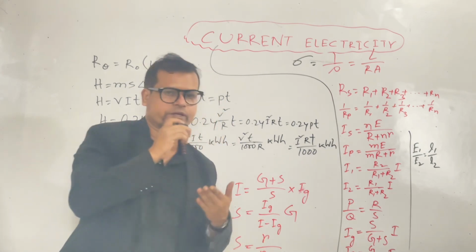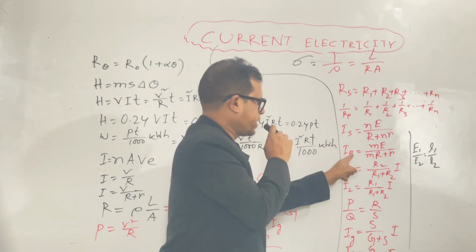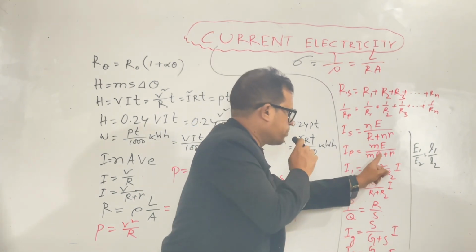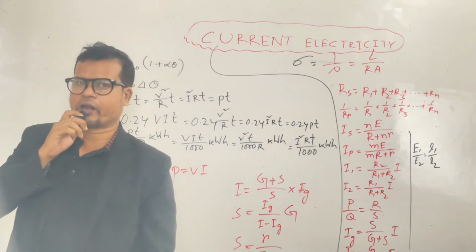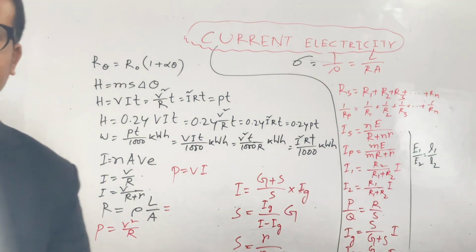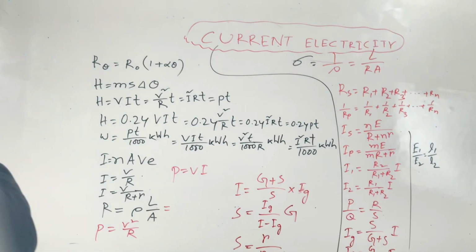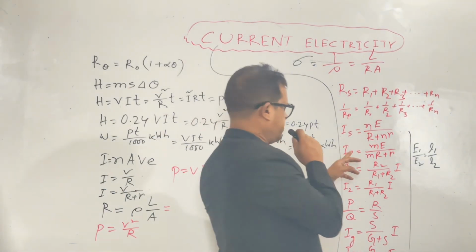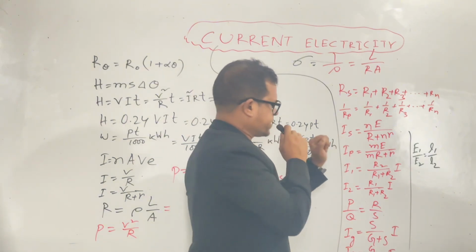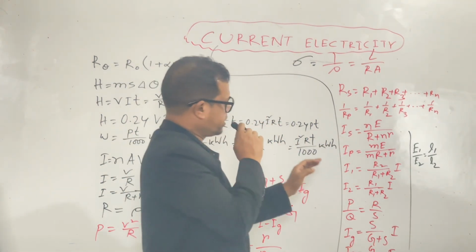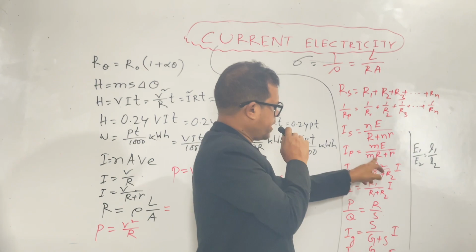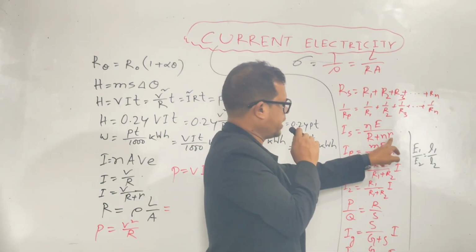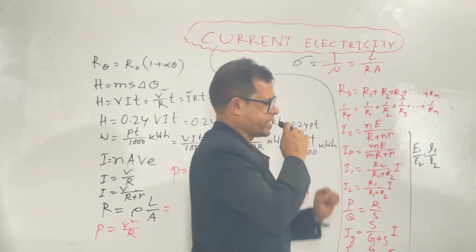And when you get the parallel connection of cells, then you can apply this: IP equal to nE over nR plus r. Here small r is the internal resistance of any cell, and capital R is the resistance of the circuit. IP is due to parallel and IS is due to series connection. Just remember, when IP, then nR, capital R; when IS, then n, small r, series connection.